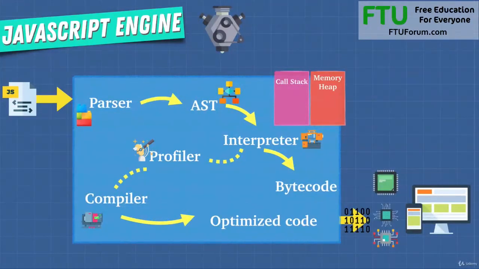In this section, we learned about the JavaScript engine, how we can send a JavaScript file, and it runs it all through these steps, including an interpreter and a compiler, a JIT compiler, to send us optimized code that we can run on our machines.